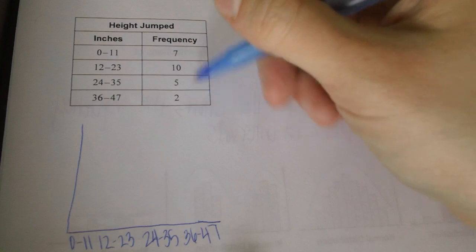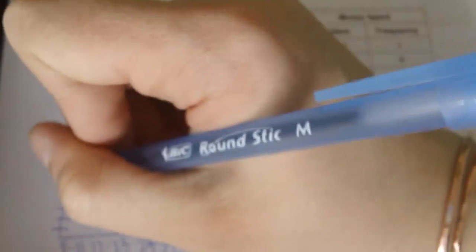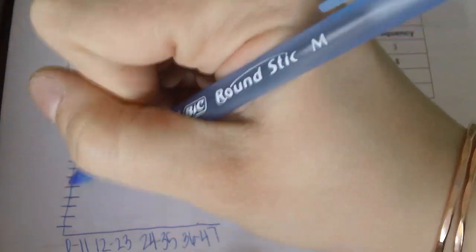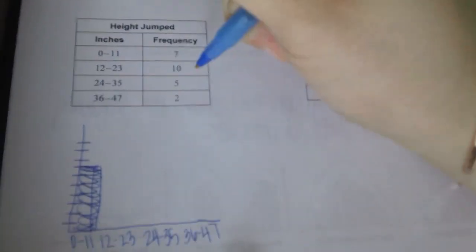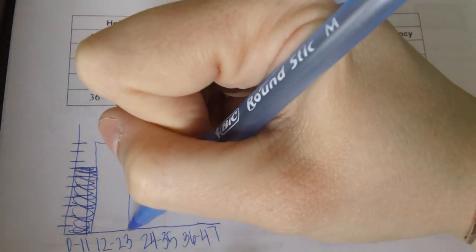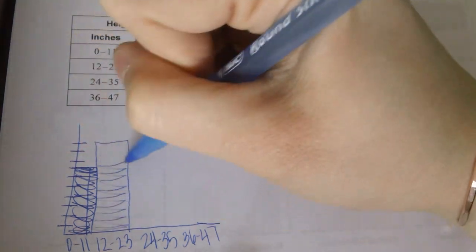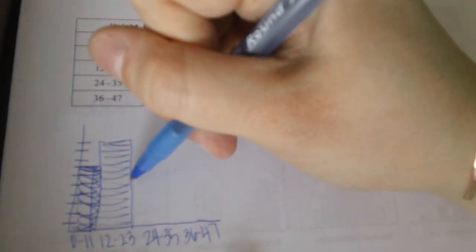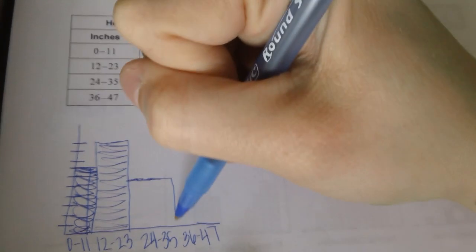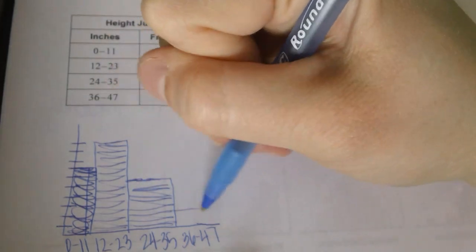And then here we'll count it by ones. 0 to 11 was 7. 12 to 23 was 10. 24 to 35 was 5. And 36 to 47 was 2.